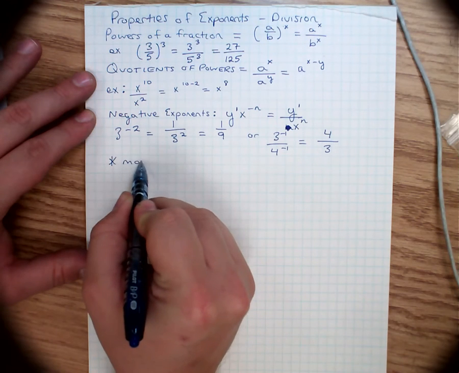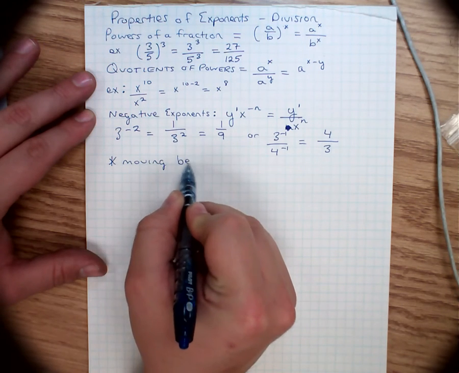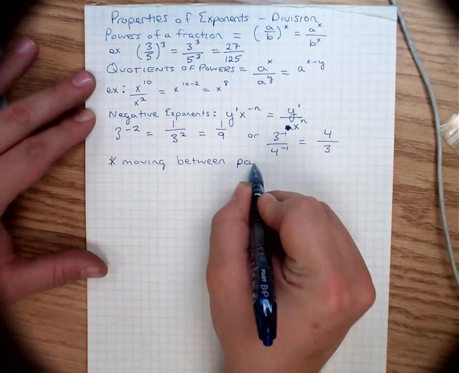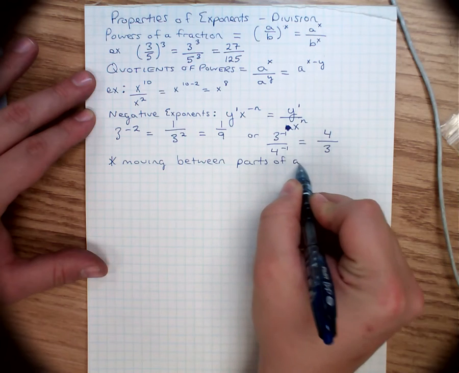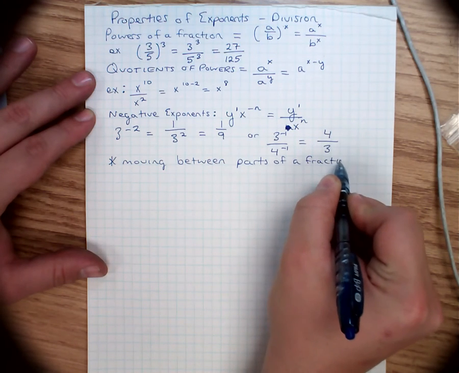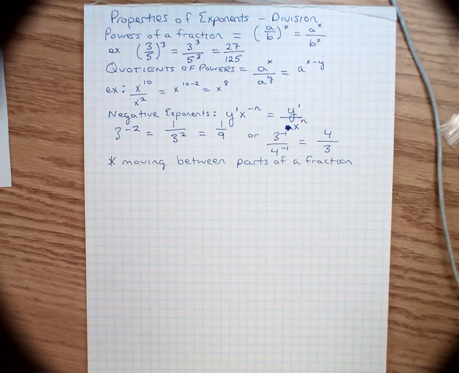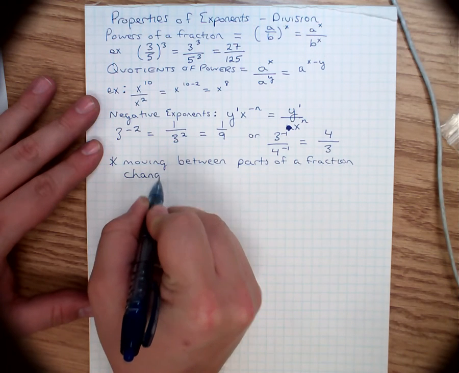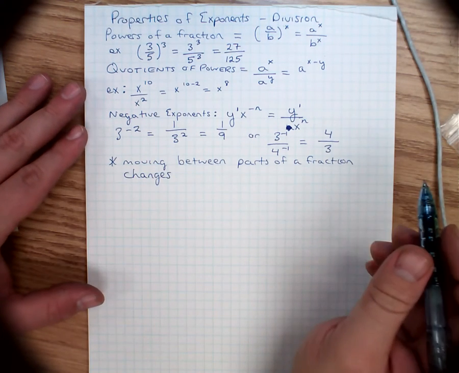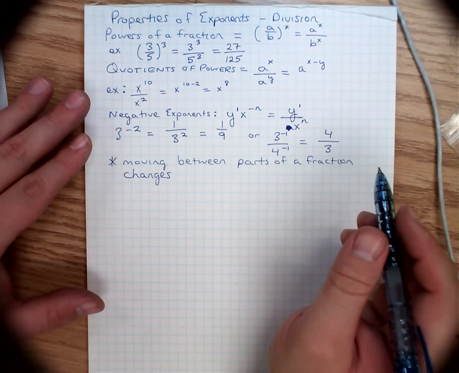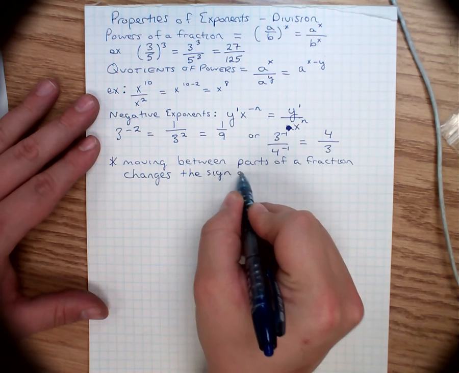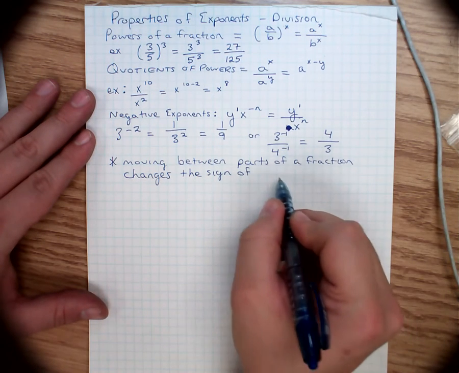Okay. Moving between parts of a fraction, I'll write parts instead of numerator or denominator because it doesn't matter, changes the sign of an exponent.